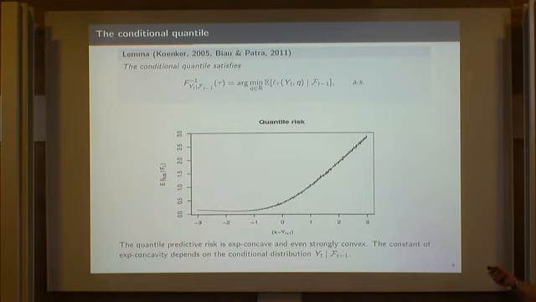And now, if you look at this criterion, the conditional quantile loss, then this criterion, so that's just a small simulation, is nicely convex and strongly convex. Okay, so you can see that the curve here is much more regularized than the absolute loss.